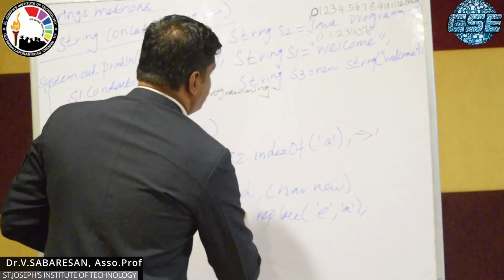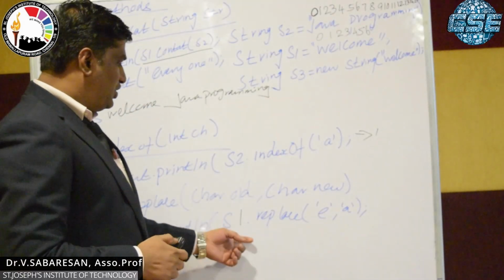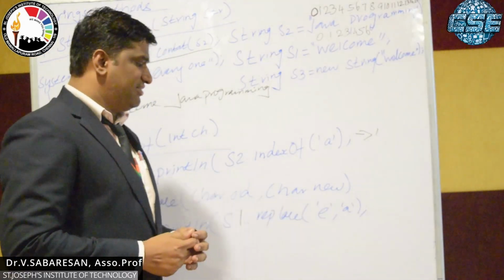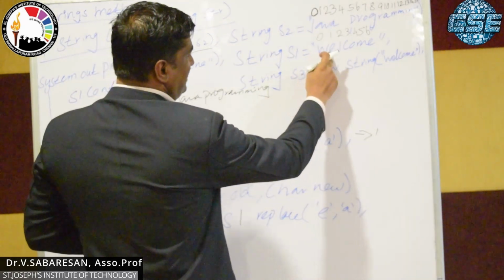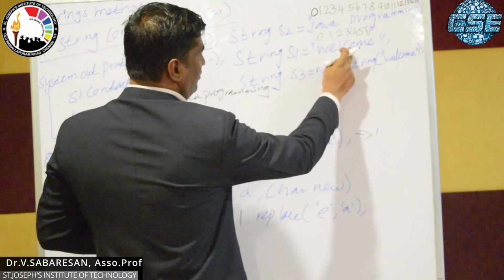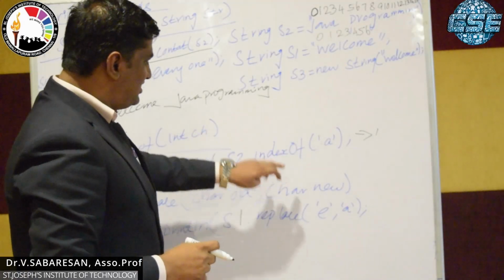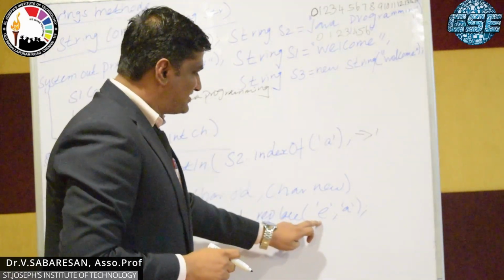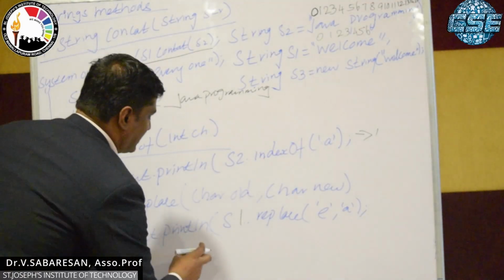Slightly I change here to s1. So s1.replace(e, a). What's the value of s1? Welcome. Now the method replaces wherever e is available; the characters are replaced with the help of a. That's the purpose of the replace method here.